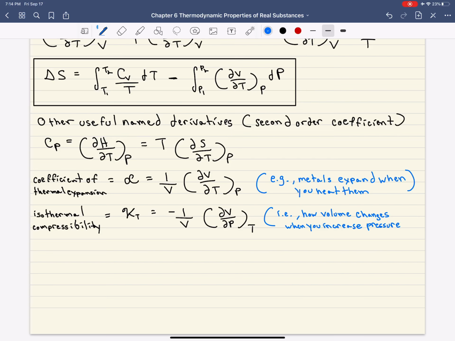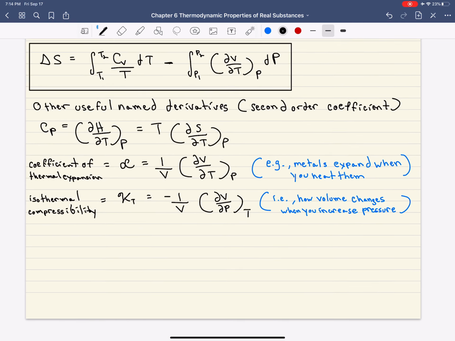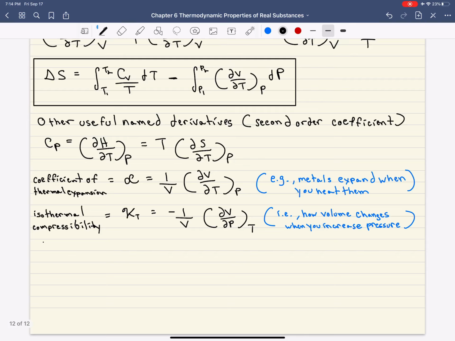I wanted to present these because I wanted to compare them to a common assumption that we've made in a lot of the problems we've dealt with so far when we encounter liquids or solids. A lot of times we just immediately assume that the solids or liquids are incompressible. And by making that assumption, what we're saying is that alpha and kappa are equal to 0.